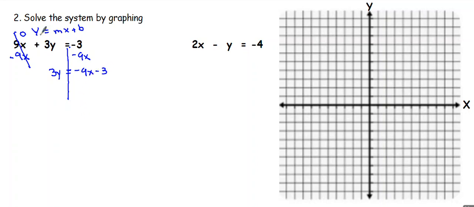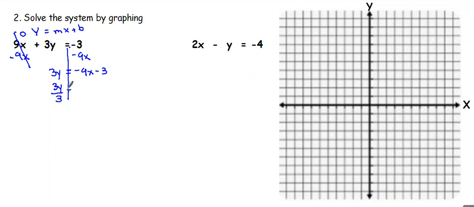Okay. Now our goal is to get y by itself. So the next step would be to get rid of this 3. 3 is multiplying the y. So to undo that operation, we do the opposite or inverse operation. The inverse of multiplication is division. So we're going to take that 3y and divide that by 3.